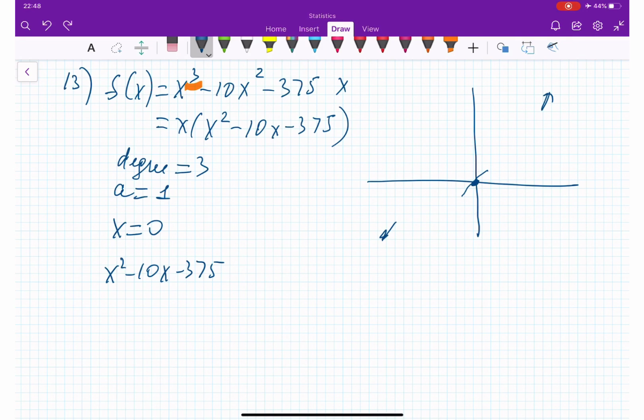I'm trying to figure out if I should go through all this or just give you approximate values. Now this one is going to be x minus 25 and x plus 15.